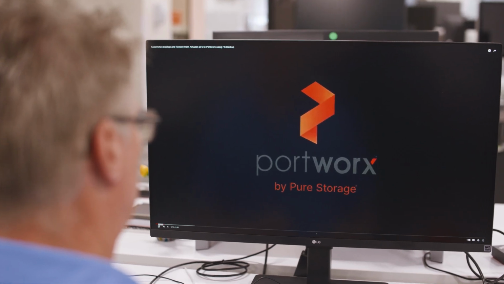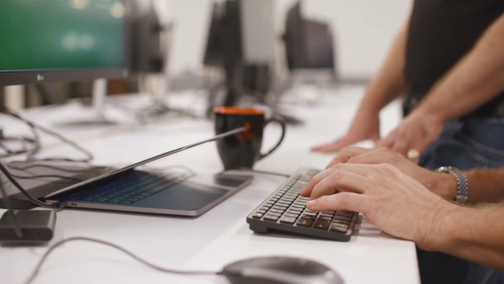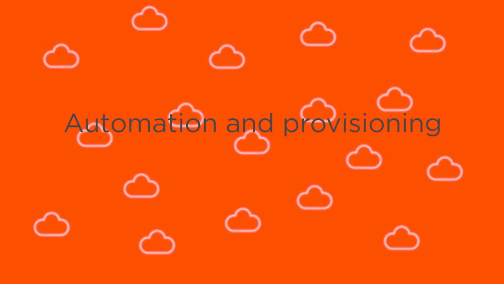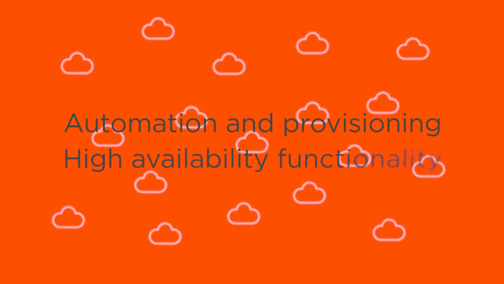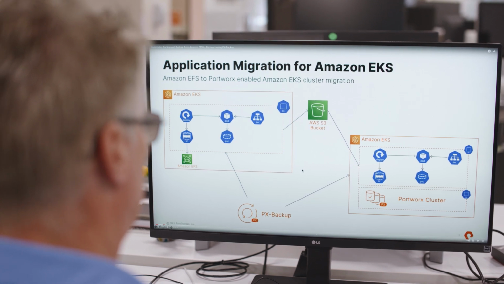Portworx solves a couple of different things for not just EKS, but Kubernetes in general, which is bringing storage intelligence into Kubernetes. Portworx allows for EKS to efficiently manage stateful applications, number one, by way of taking advantage of all of the automation and provisioning and HA functionality built into Portworx for Kubernetes, but also number two, allowing for EKS to programmatically control how Amazon's physical infrastructure is allocated and managed.